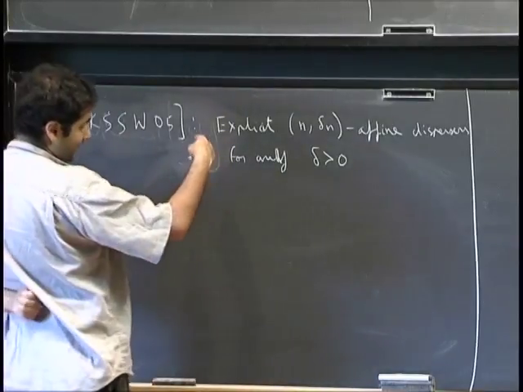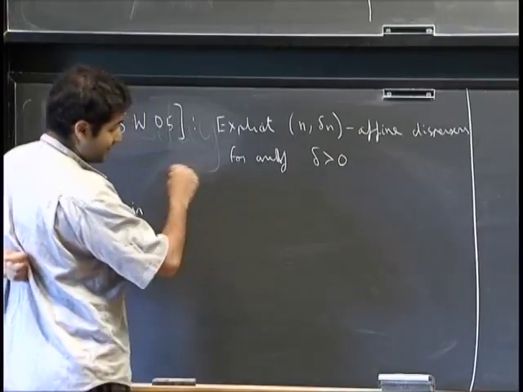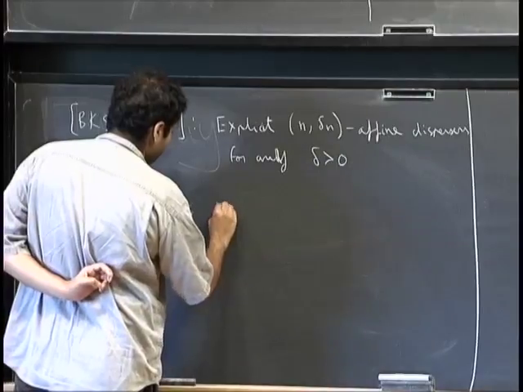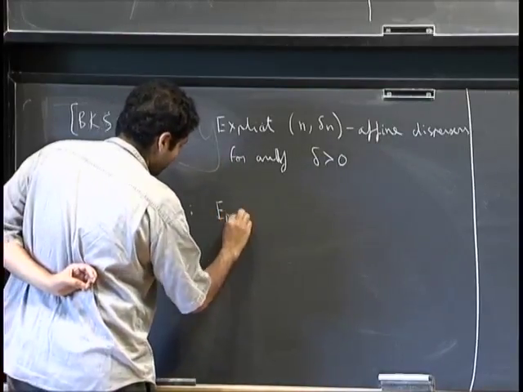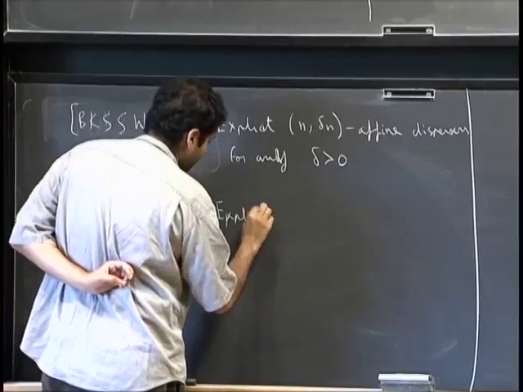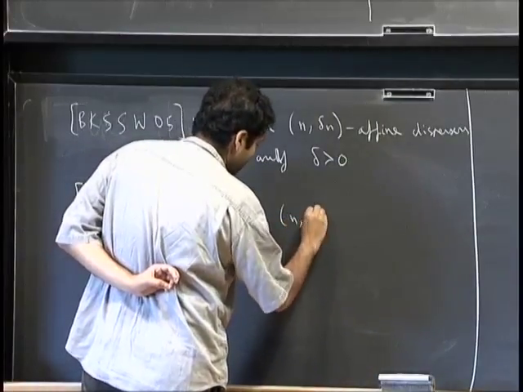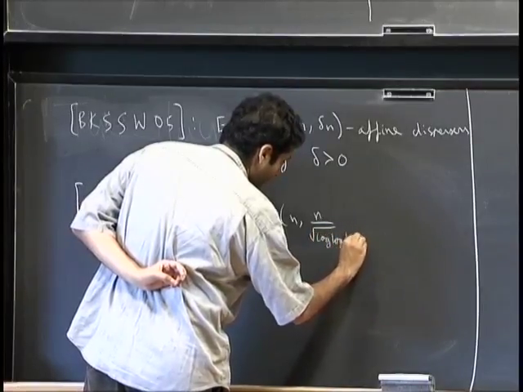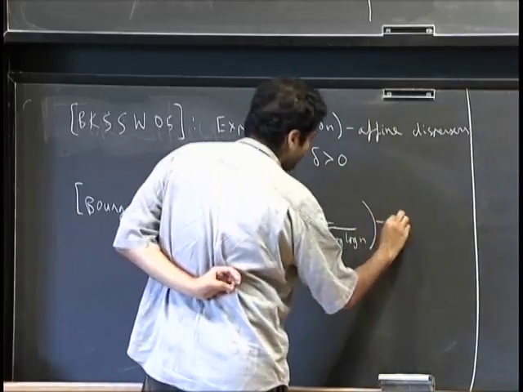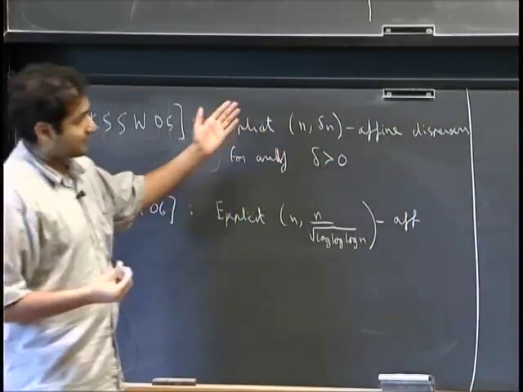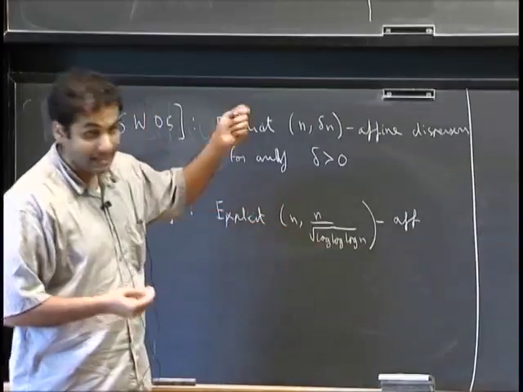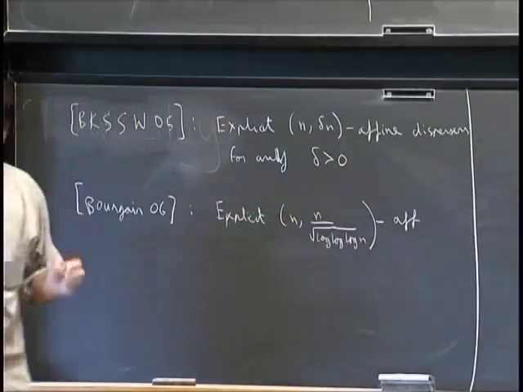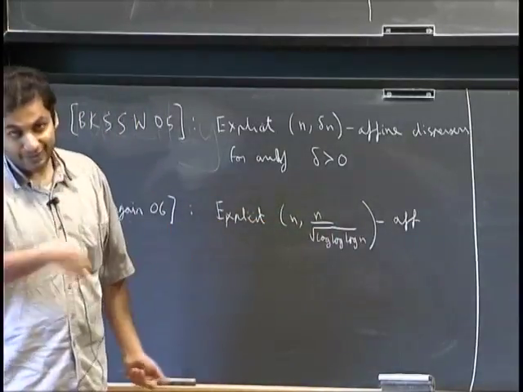subsequently was able to give explicit n^delta affine extractors for any delta greater than 0. And in fact, I'll be a bit more precise. So explicit n over root log n affine extractors, and in fact these extractors didn't just output one bit, they could output a linear number of bits, and the error in them was also exponentially small.